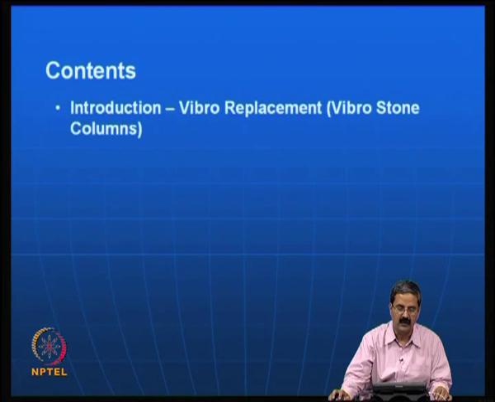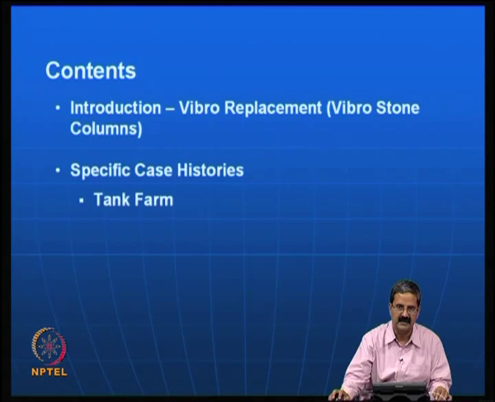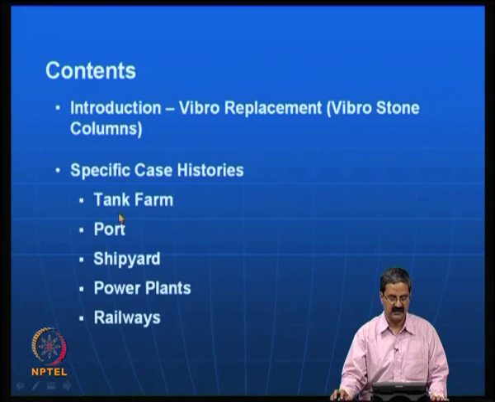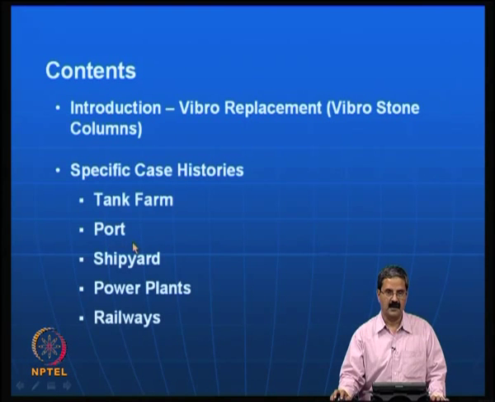Then what I would like to do is show some case studies here, for which I must thank Keller's company for providing some of these case studies. We'll have some specific case studies related to tank farms, ports, shipyards, power plants and railways.